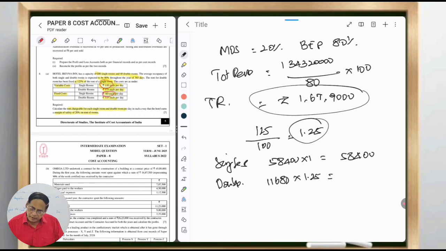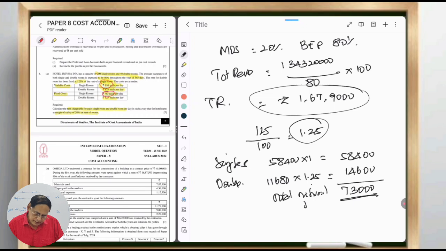So 11,680 into 1.25, that is 14,600 single room equal to 11,680 double room. So the total single room 58,400 plus 14,600, that is 73,000.